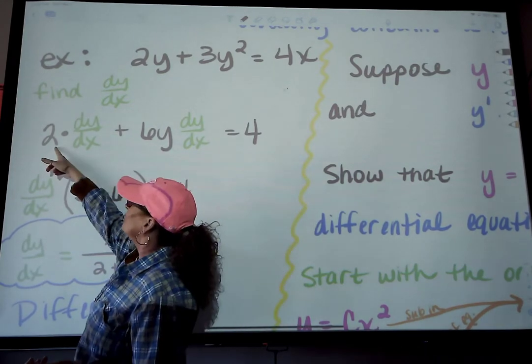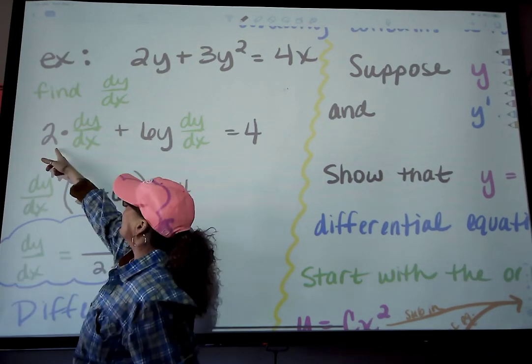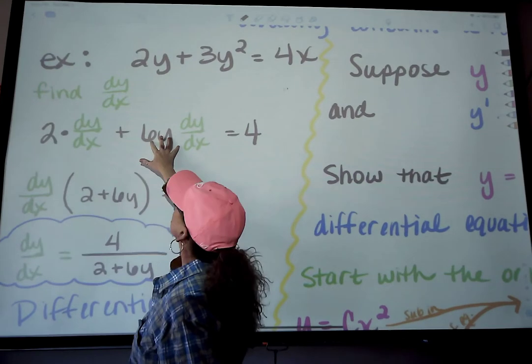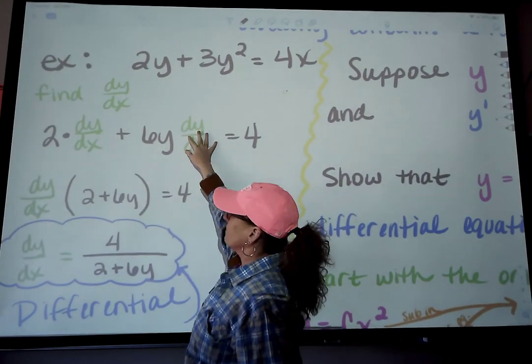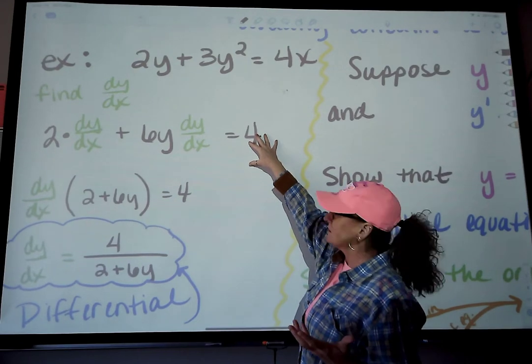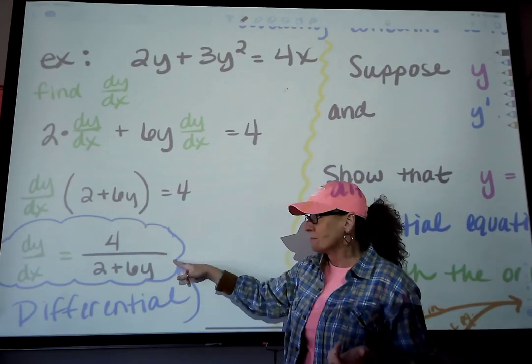So I'm going to take the derivative of the first term, and I got 2, and then power rule times the derivative of the messy, and then since x is my variable, the derivative of 4x is just 4. Factor out a dy/dx, divide, look what I get.